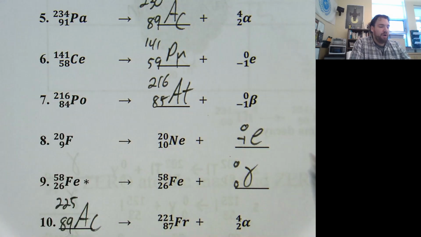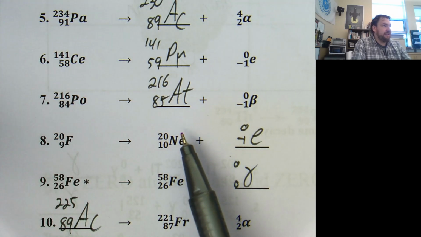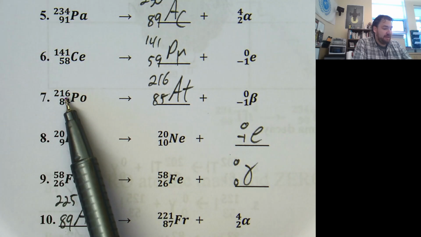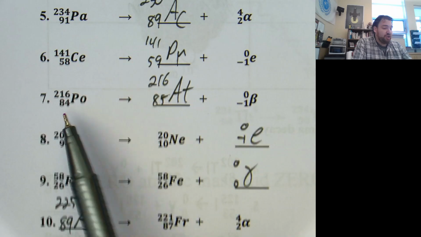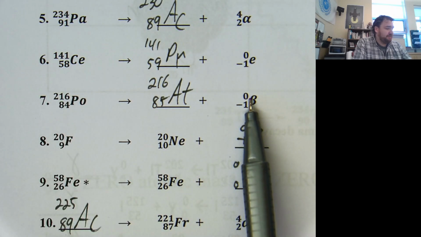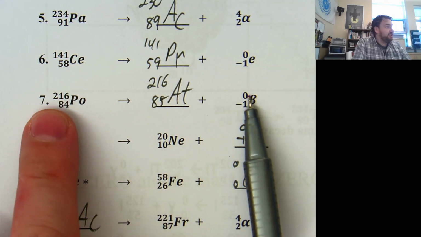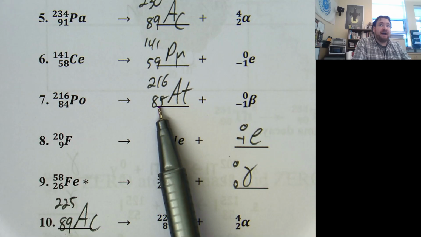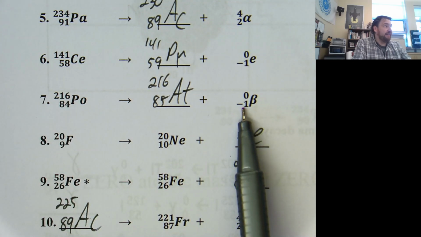Okay. So, just like when we were balancing equations, we have the same number of stuff on the left as we do on the right. So we had 216 mass and 84 protons on the left-hand side. We still need those total numbers on the right-hand side. So if a beta particle has 0 mass, then the 216 has to stay the same, because something plus 0 is going to be 216. For this number down here, 84 is what we started with, and -1 left.